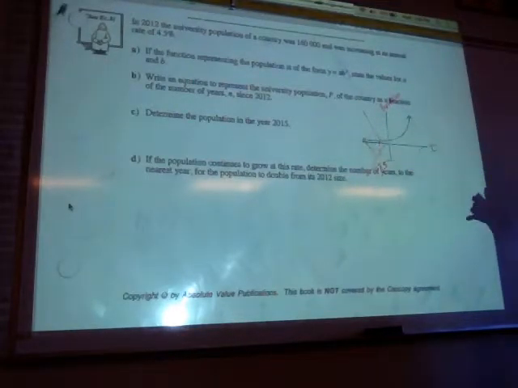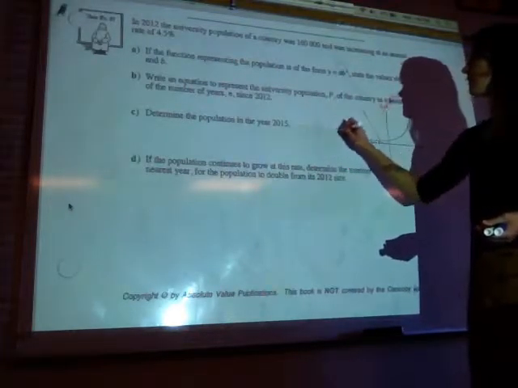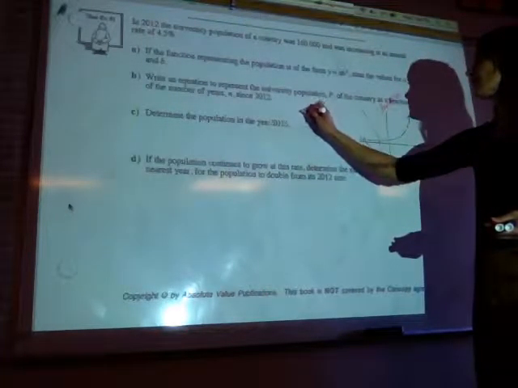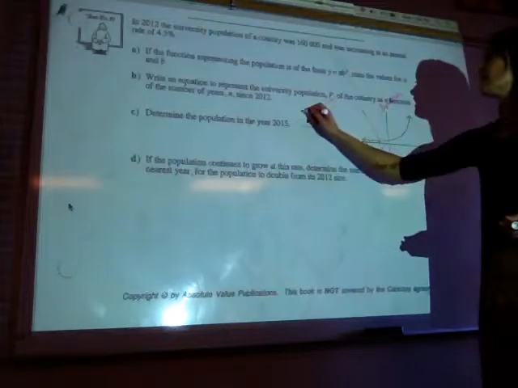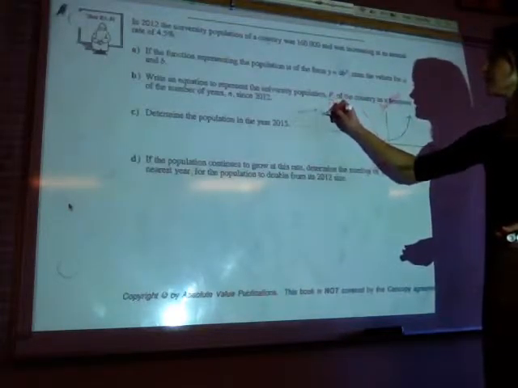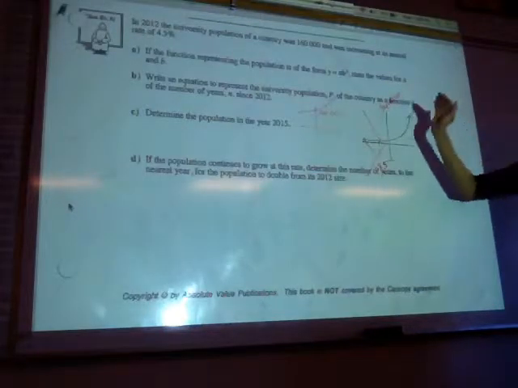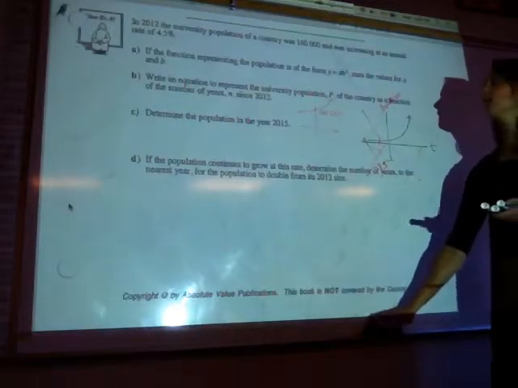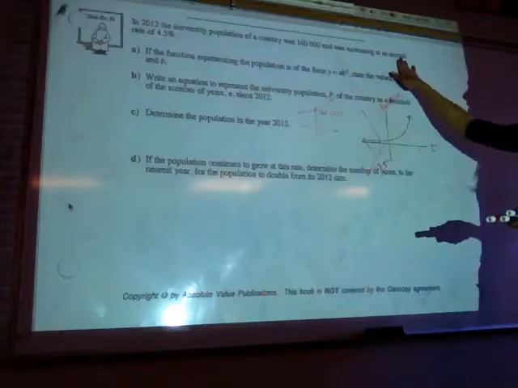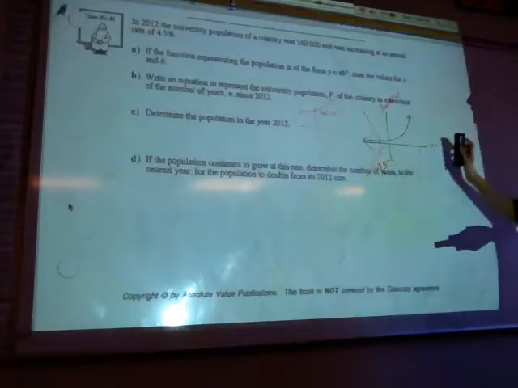Now I've obviously drawn this way too low, but if I were to draw it accurately, you would have it way up here, at 160,000. Okay, that's our starting point, and then it's going to be growing exponentially. And I know it's growing because they said it's increasing at an annual rate of 4.5%.